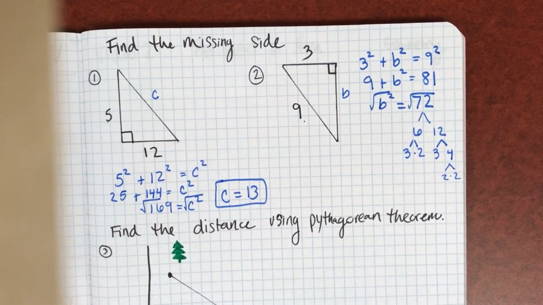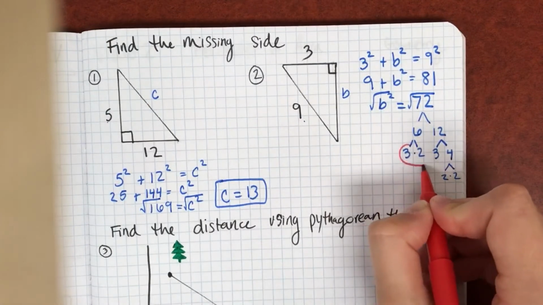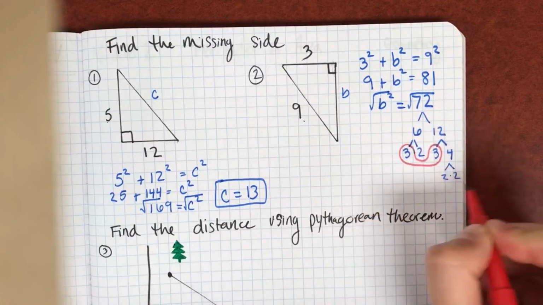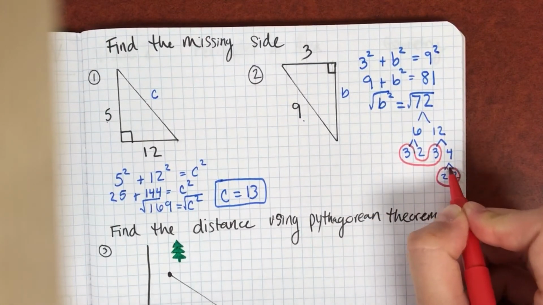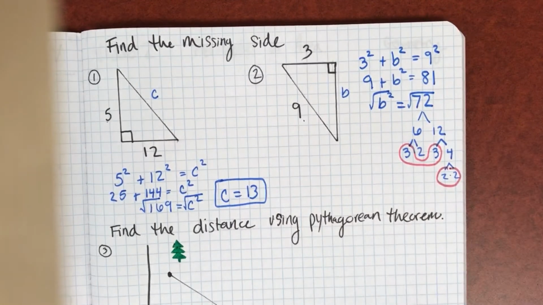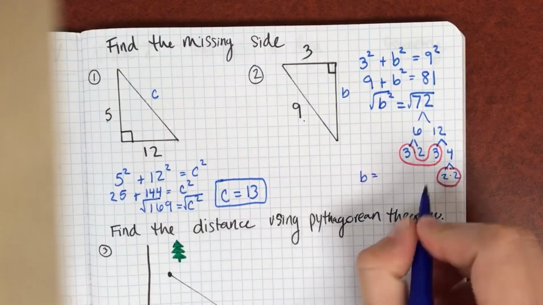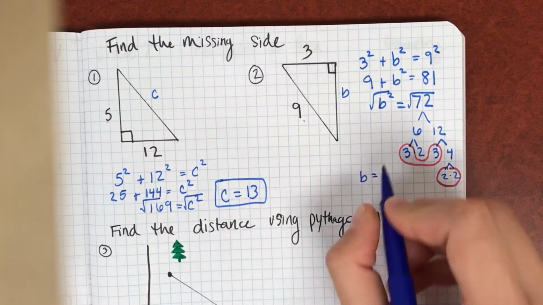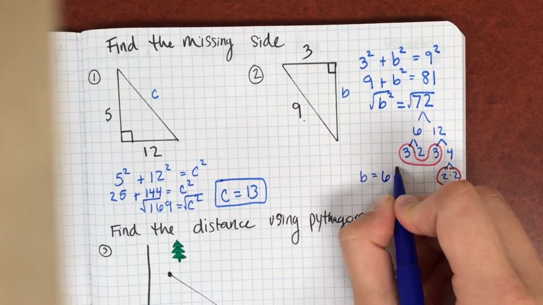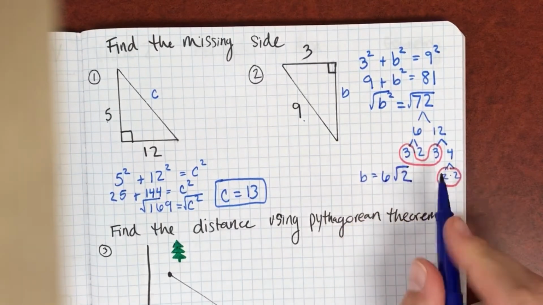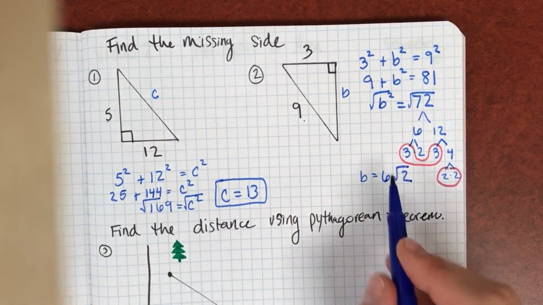Okay, remember we're looking for groups of 2. So here's a group of 2, our little 3's. And we've got a group of 2 here. All right, so our final answer would be that B equals, this would be 3 and 2, so 6 square root of 2. Remember, you multiply those two numbers.